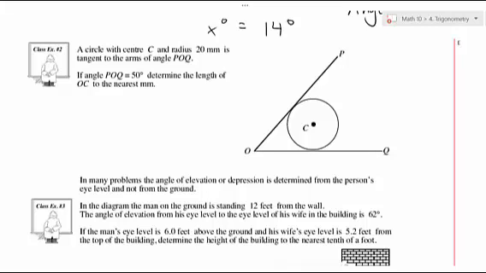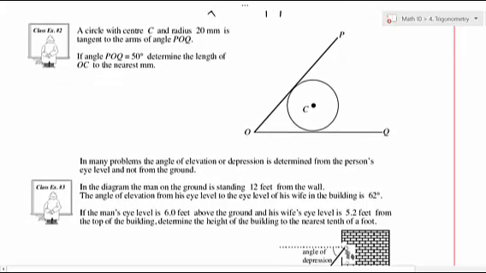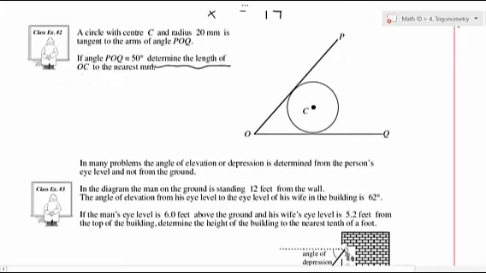All right, here we have another problem. It's a circle with center C. Radius is 20 millimeters. And so I'd like you to try to determine the length of OC to the nearest millimeter. Go for it. Well, we're doing trig, so we know that we have to find a right angle triangle. We're trying to find this distance right here. And so where can we make this right angle triangle? Well, we can make it right here, and we're trying to find OC here.